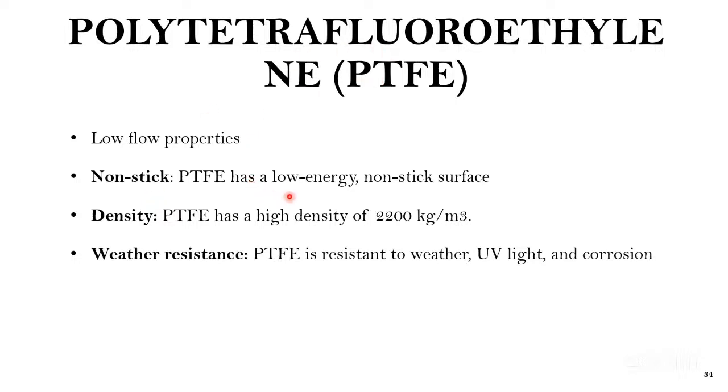So they have very low surface energy. That is the reason they are non-sticky on the surface. For non-stick, this Teflon has a very huge demand. All the non-stick pans that are available use this Teflon.